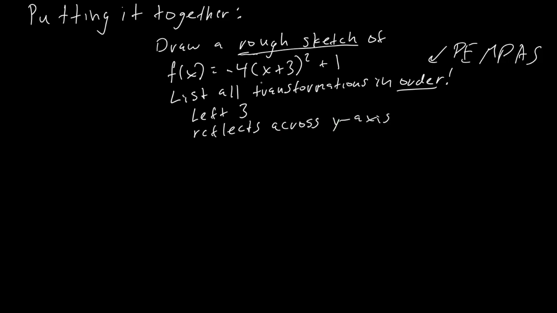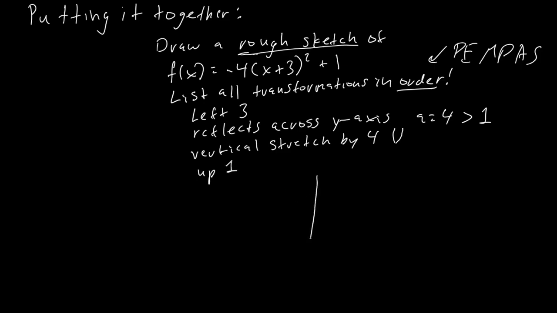And then there's a vertical stretch by 4, since a, which equals 4, is greater than 1, which means the graph gets skinnier, right? And then there's a translation up 1.